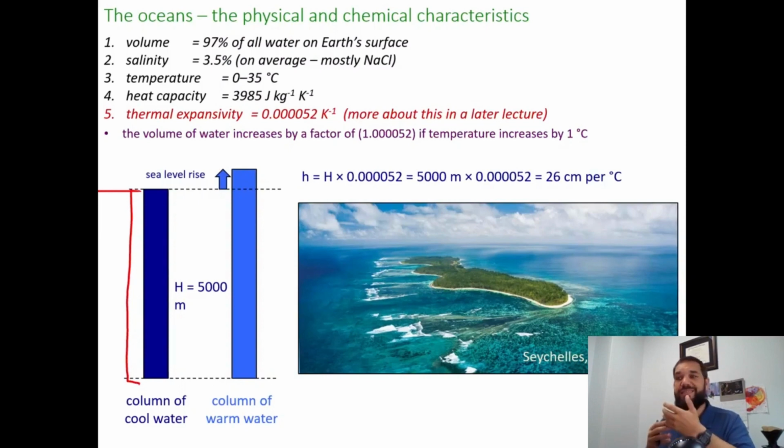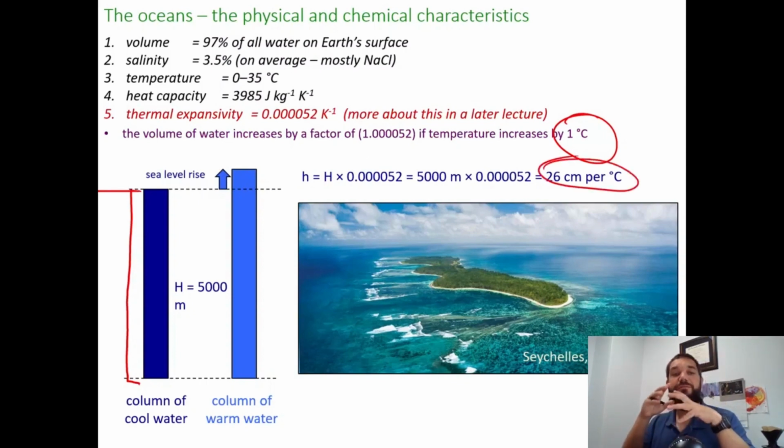So let's say you take a 5,000 meter column of water and you increase the temperature by 1 degree. Of course, that would take a huge amount of energy to change the temperature of the ocean by 1 degree, but that would result in 26 centimeters of sea level rise just from the thermal expansion of the water. Sea level rise is incredibly complicated. We talk about this in oceanography, and it's just a small part of the story, but I want you to be aware of things like that.